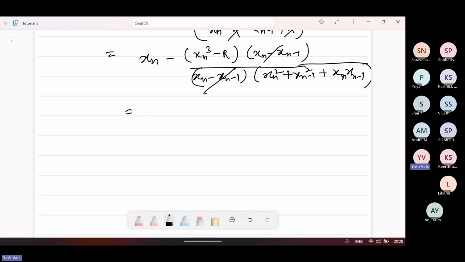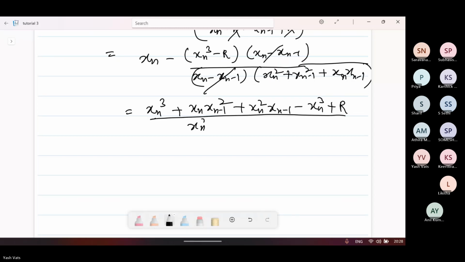Okay, just multiply this on the right side, xn cube plus xn. Is it right?